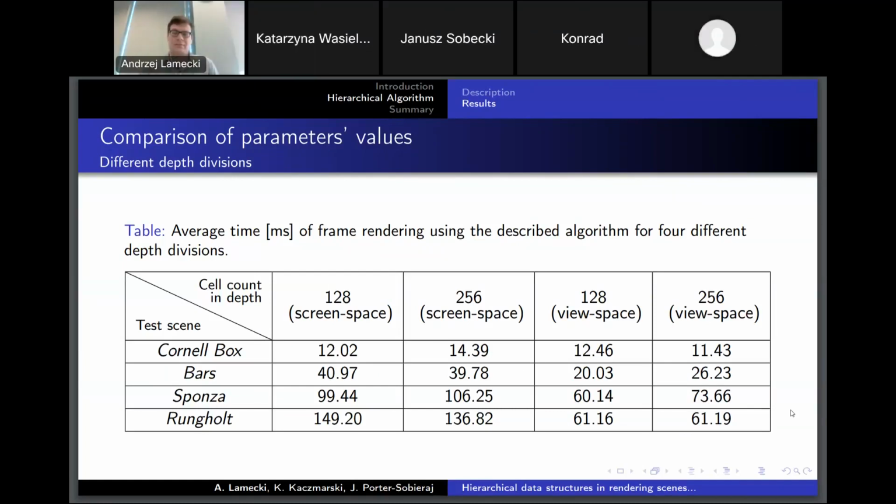However, it is much more important how we divide these cells, because division in view space resulted in overall lower average rendering times than dividing it in screen space.